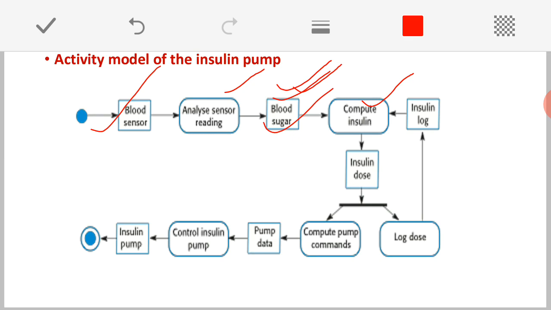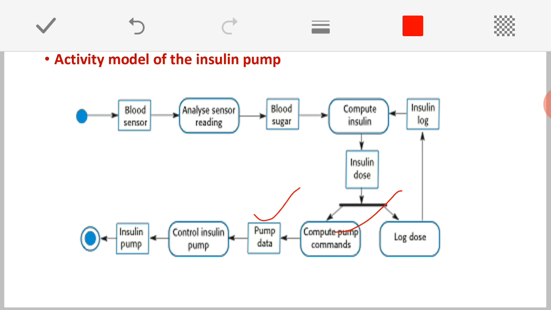Based on that dose, come to the next point, compute pump control command. So the command will be given to the pump. Based on that command, the data will be sent.